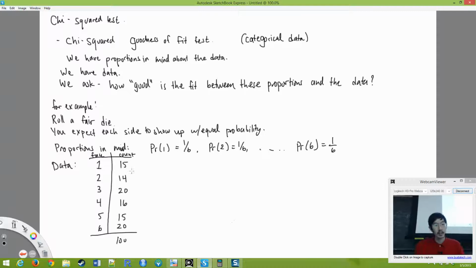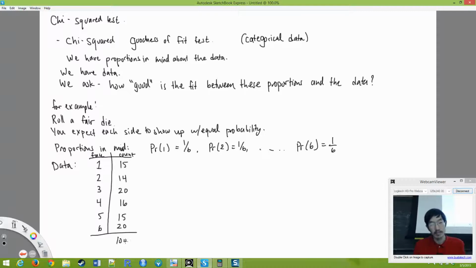If these are the results of 100 die rolls, is this cause for concern? That's what we want to know. You're expecting 1/6, so around 16.6 of each number, but we didn't get that.